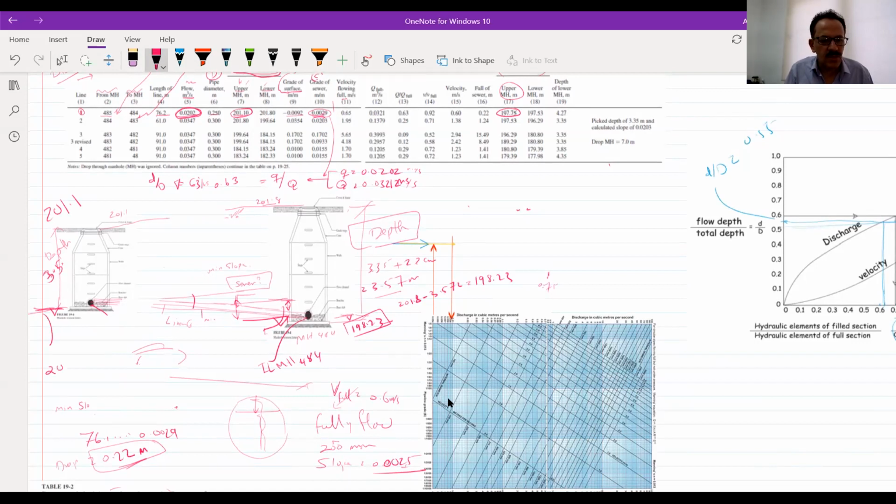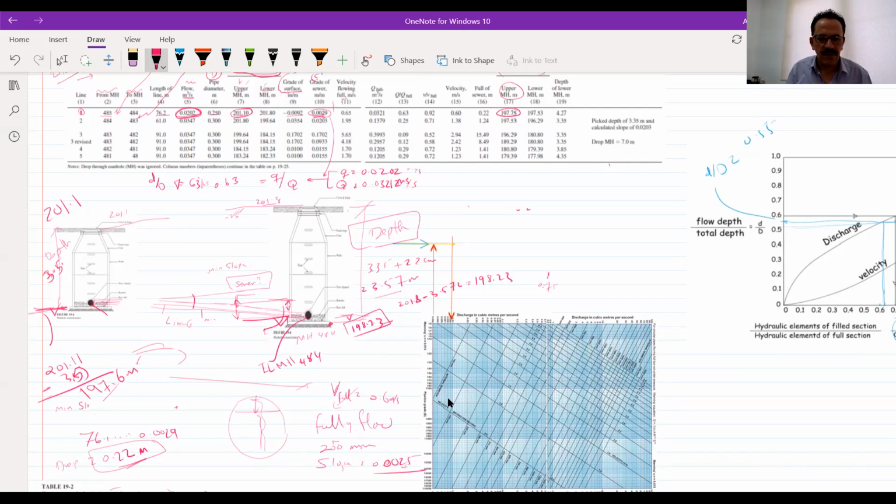It will be 201.1 minus 3.5, and you will have 197.6 meter. This is the elevation of this one.